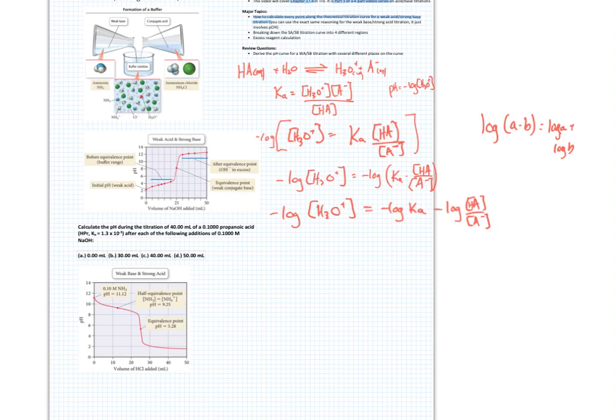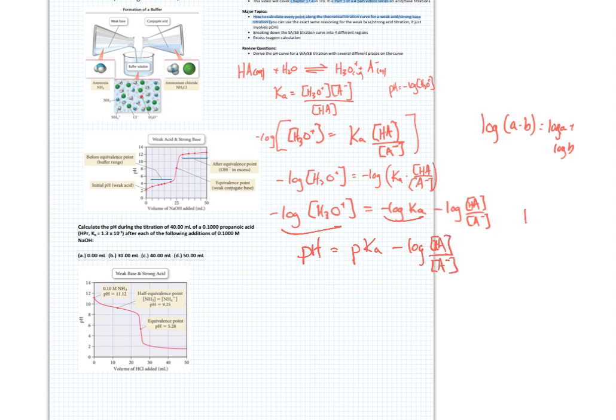Now, negative log of H3O plus, that is pH, equals negative log of Ka, that's the pKa, and minus log of HA over A minus.